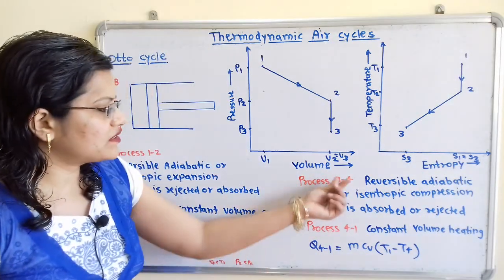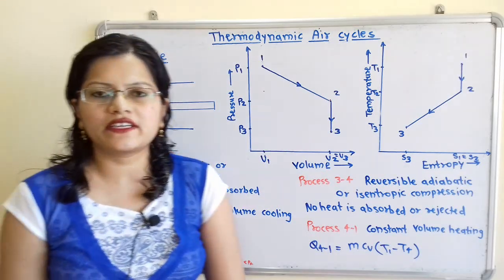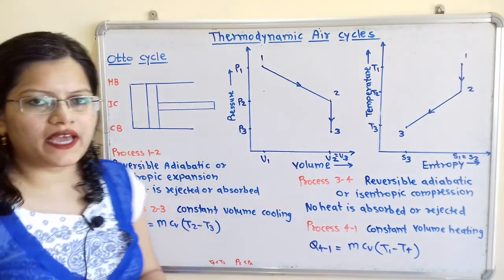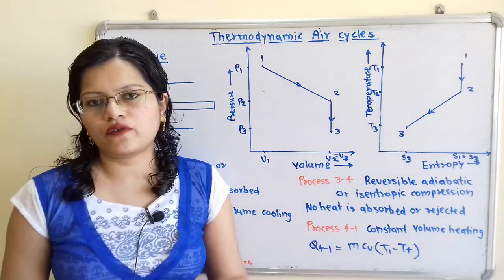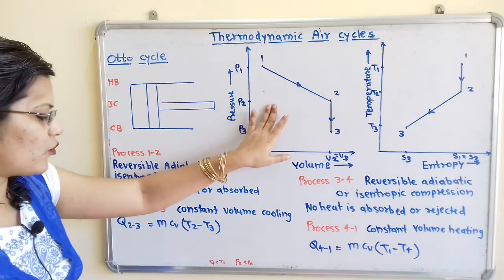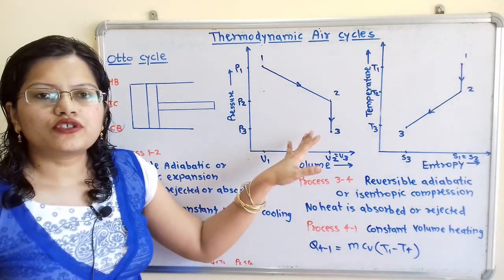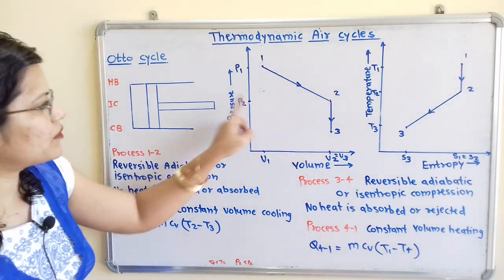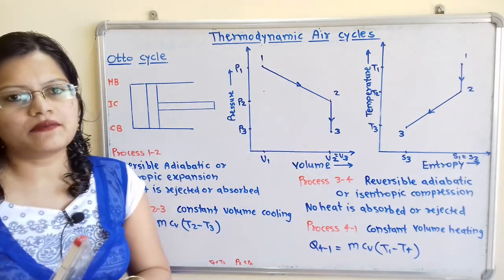For this process 3 to 4 we have to select the point 4. Now if we observe this pressure volume diagram, we have to take care of one point. When we are going to select the point 4, then P2 should be less than P4. So here is the pressure P2 and this should be less than P4.